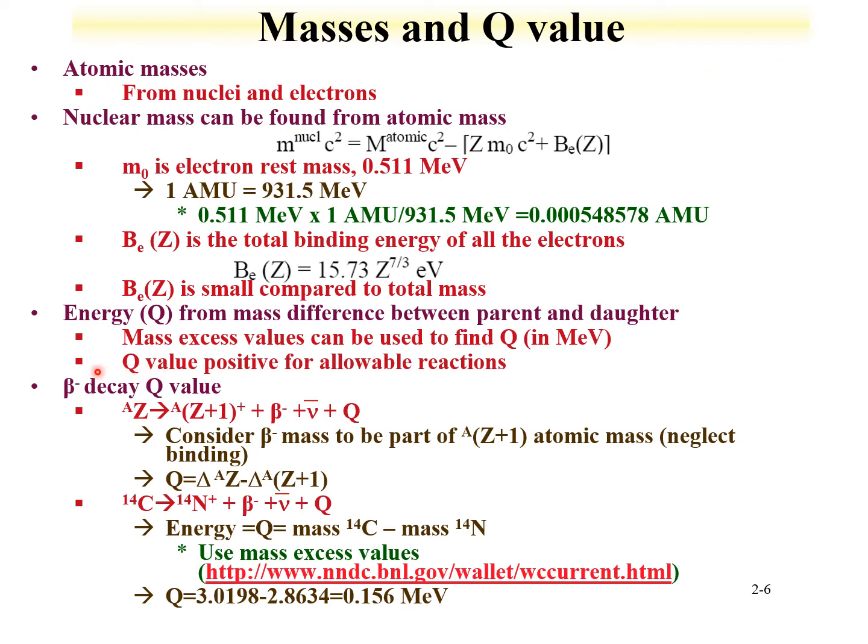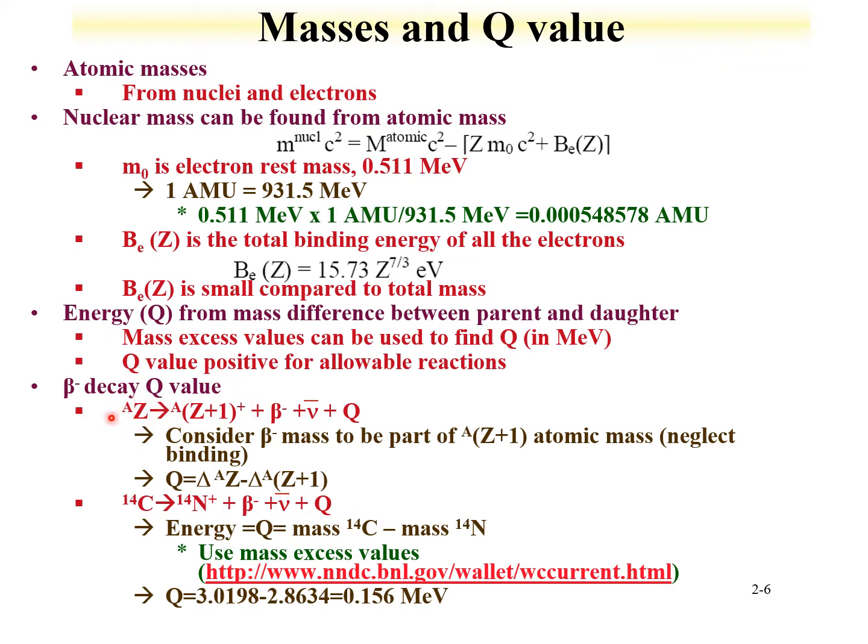We can look at the beta decay and determine the Q value for this route. Using the mass excesses for beta decay, we have an isotope that converts an excess neutron to a proton, giving off an electron, an antineutrino, and some energy. Let's consider the beta particle, the electron, to be part of this charged new atom that's made.